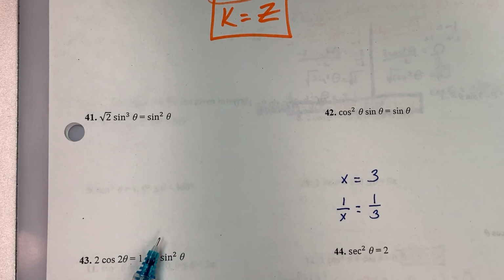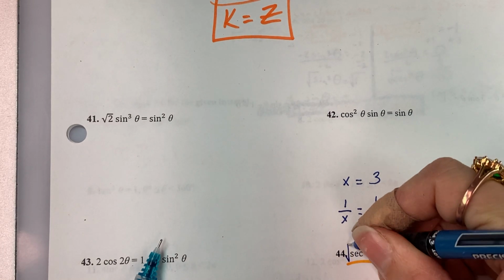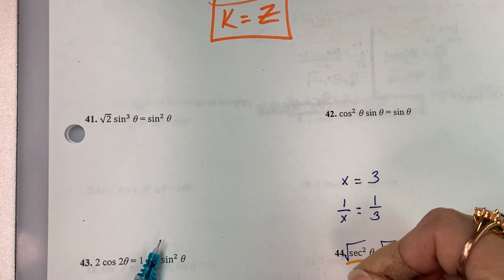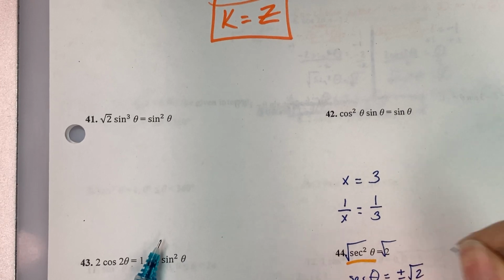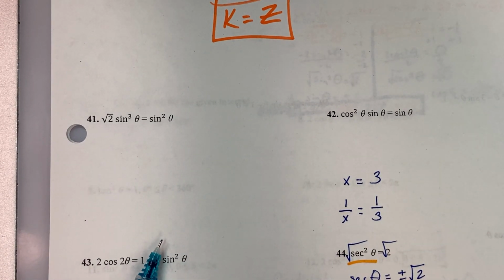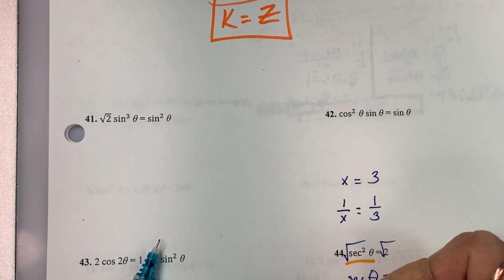So folks, looking at number 44, we see that we have secant squared of theta. So one trig function that is squared, so we can use square root to solve. Square root. So secant theta equals plus or minus radical 2. Now, the reason why I bring up reciprocalizing, if I reciprocalize secant, we get cosine.